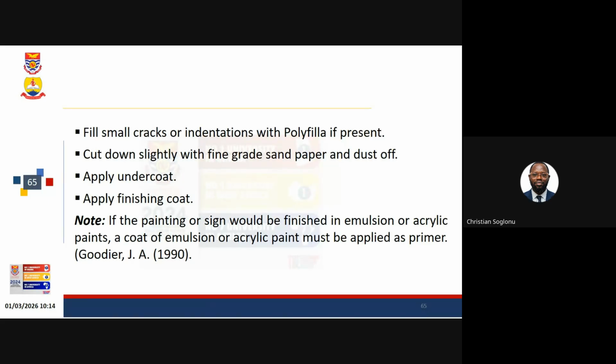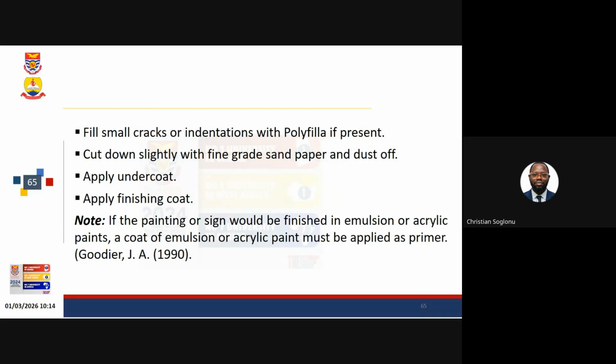Or you can give it two coats. The first coat will serve as a primer, then you come in with a finishing coat. The first one is to seal any unseen pores and holes on the surface. Then you give it a finishing coat, that is the second priming, and you're done with your painting.